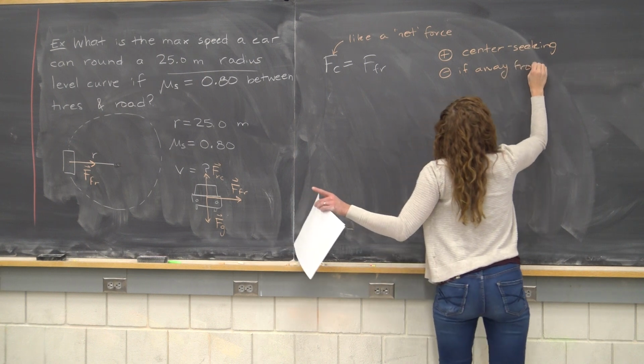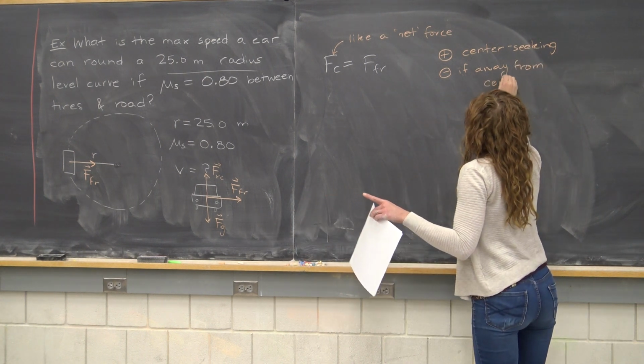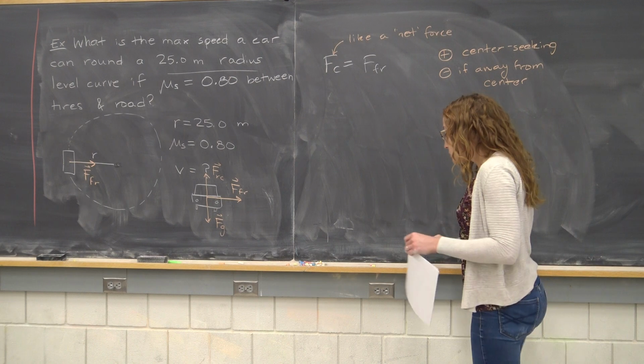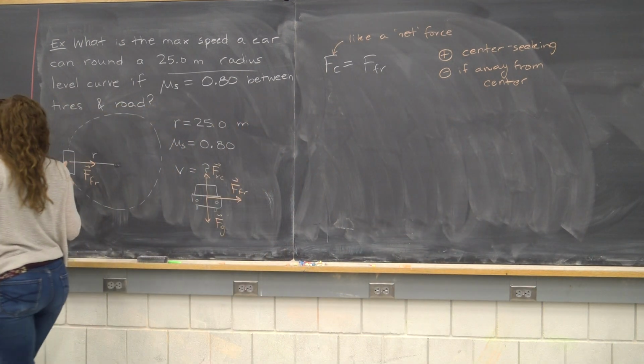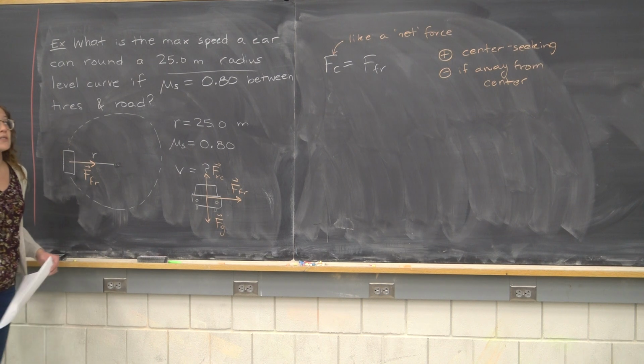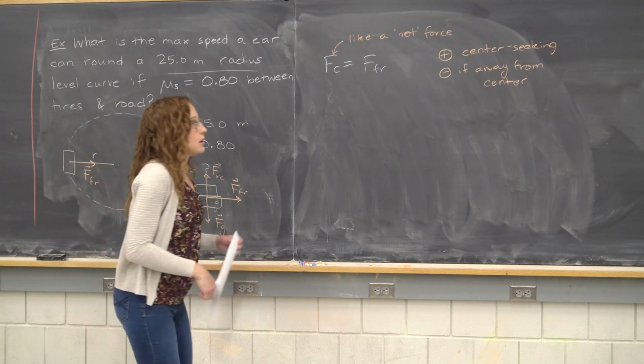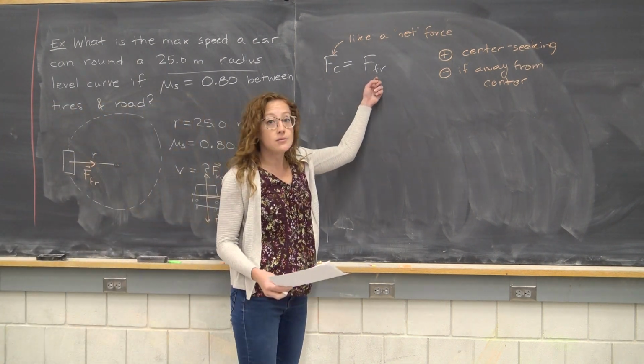Now in this particular case, the friction force is pointing towards the center of the circle. Since it's pointing towards the center of the circle, that is our centripetal force. That is the thing that keeps it in the circle. So that's why we have a positive value here.